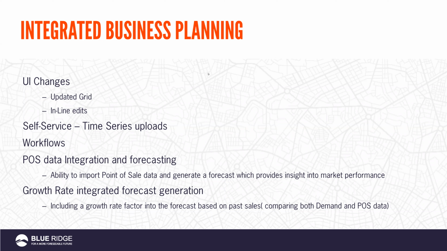We've also made some changes to be able to incorporate a growth factor, a growth rate, for some of those customers who are seeing double-digit growth on certain product lines, and we have incorporated that into the point of sale data related forecasting. And I would really encourage people to attend Praveen's session on use of integrated business planning.